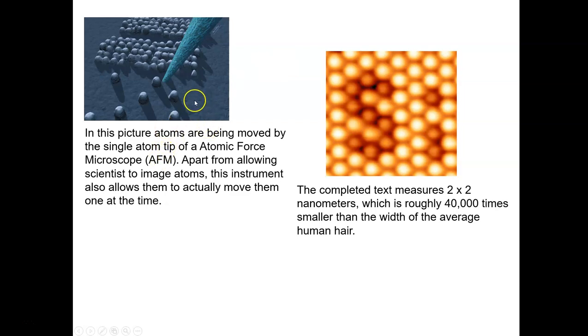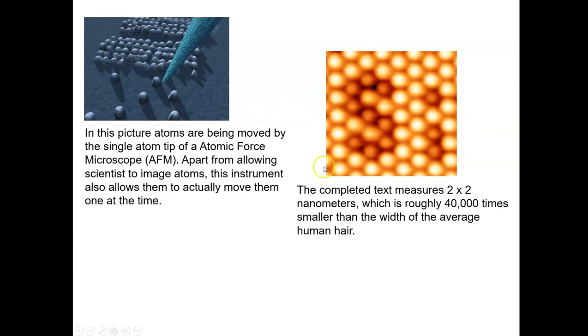This is an atomic force microscope that you see here. By the way, this here is the tip of a very, very tiny little needle that's pointing and moving individual atoms. And it looks like it's huge. Okay? But this would be so small you wouldn't be able to see the tip of it. And these are individual atoms that are being manipulated and moved around.